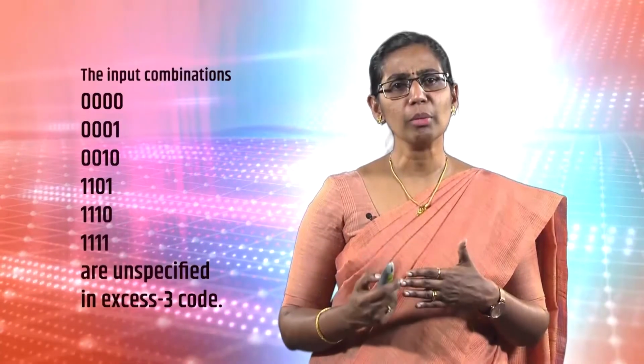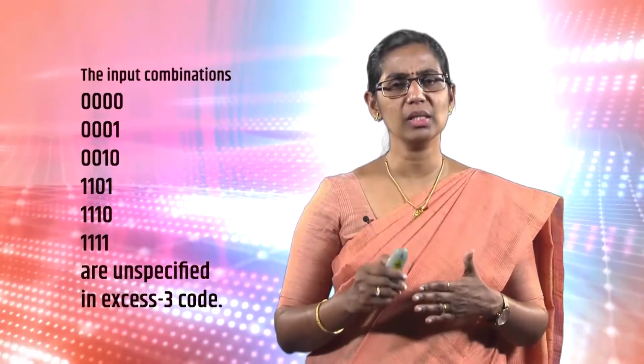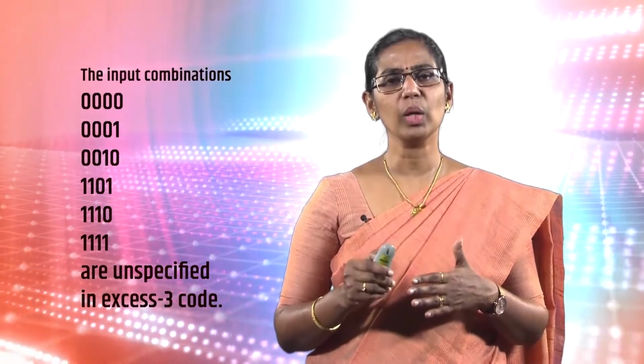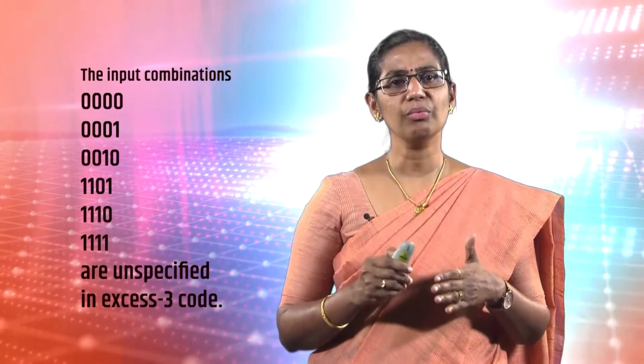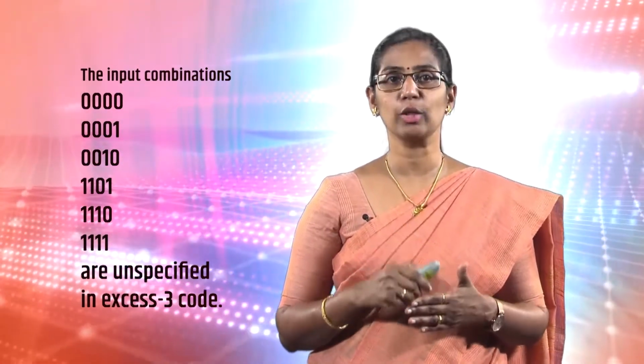Similarly, the input combinations 0000, 0001, 0010, 1101, 1110 and 1111 are unspecified in XS3 code. Any logical circuits using these codes function under the assumption that these input combinations will never occur. So, we do not care what the output is to be.